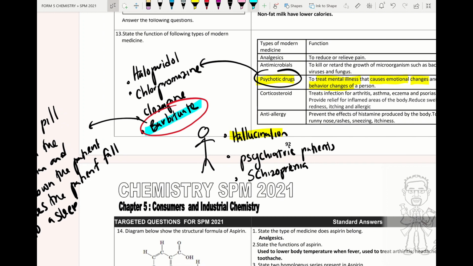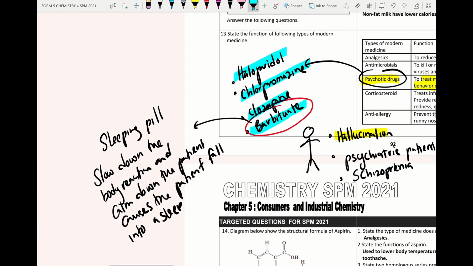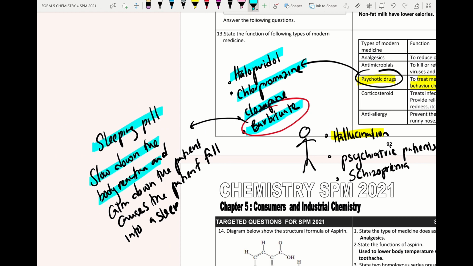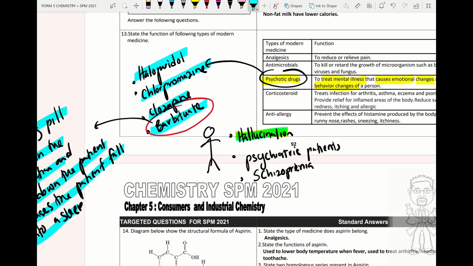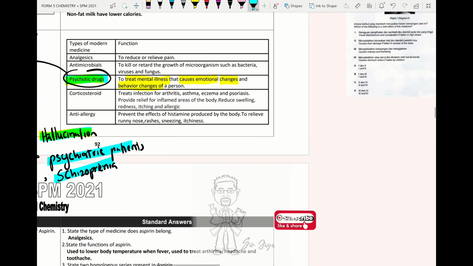All right, please remember all these: haloperidol, clozapine, chlorpromazine, barbiturate. Please remember hallucination, hearing sounds and voices that do not exist. Psychotropic drugs are used to treat psychiatric patients, schizophrenia patients, or bipolar patients.